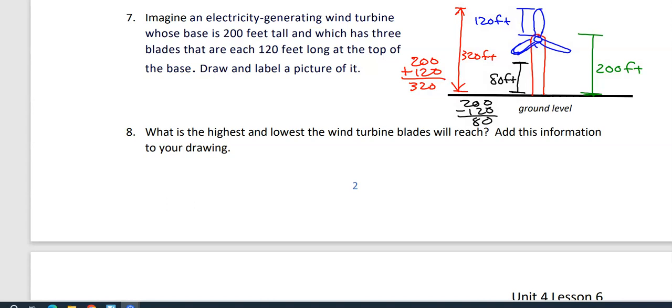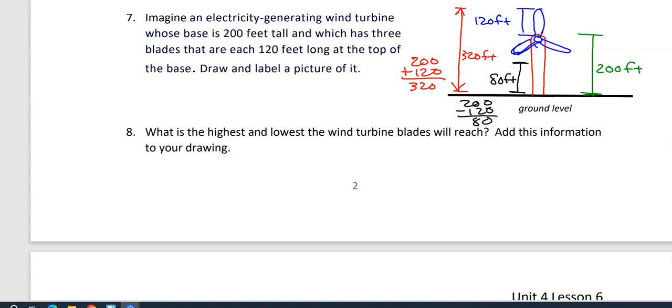For the least height, the blade is going straight down, at 6 o'clock on the clock, which means you are 120 feet from that pivot point. So you subtract 120 from 200, and that would be 80 feet. Hopefully the illustration shows all of the information they're looking for in 7 and 8.